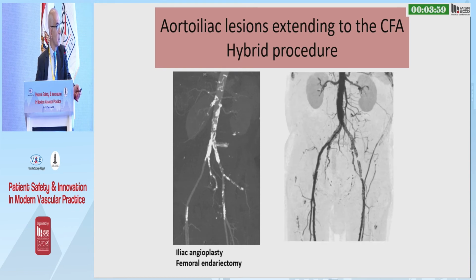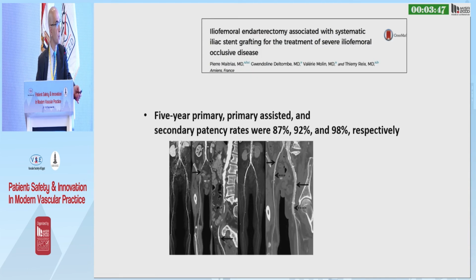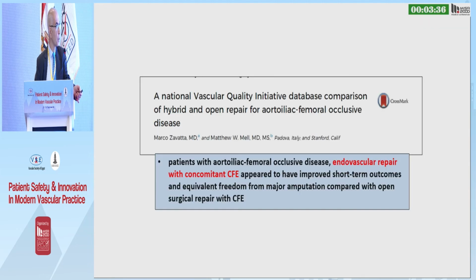We can do angioplasty of one side of the iliac and a crossover if we have a total occlusion of the common and external iliac artery. Some papers show excellent patency for the hybrid technique, angioplasty of the iliac and open surgery for the common femoral artery.